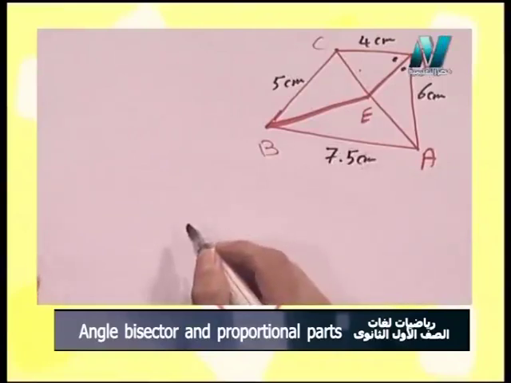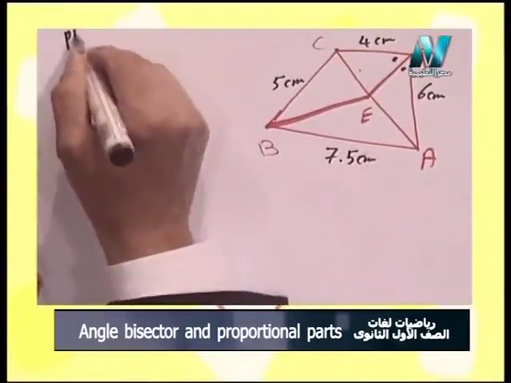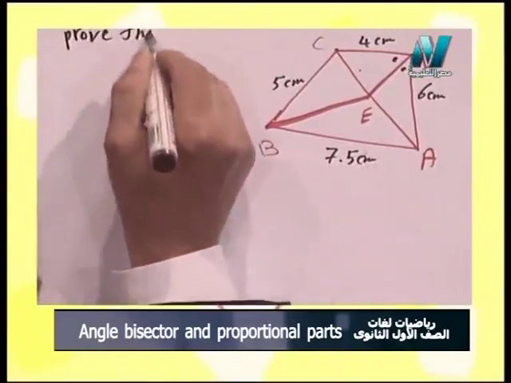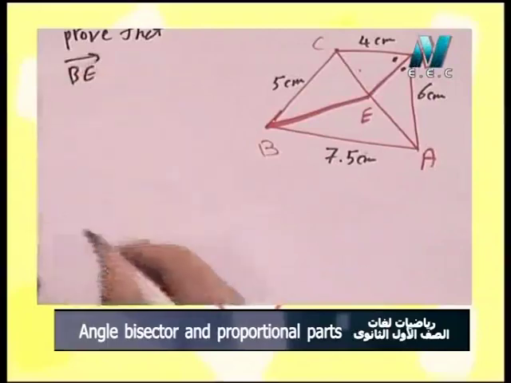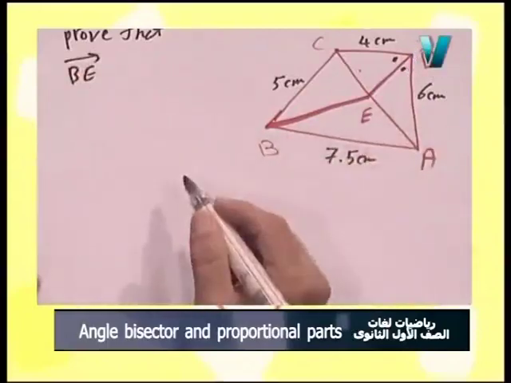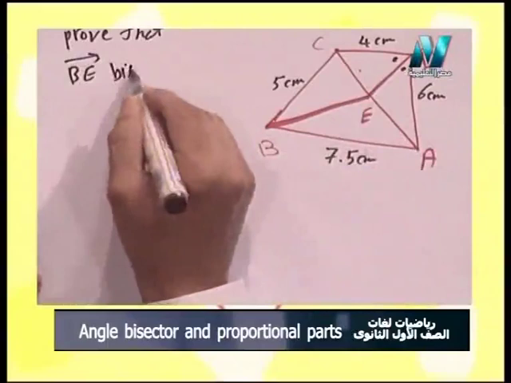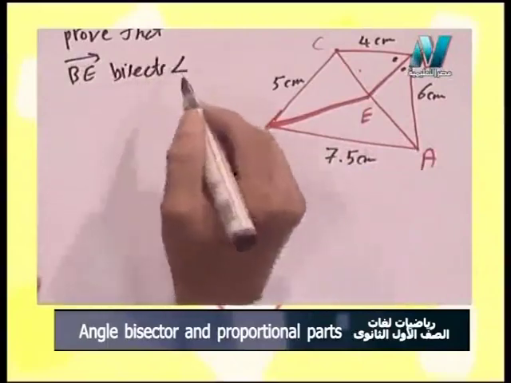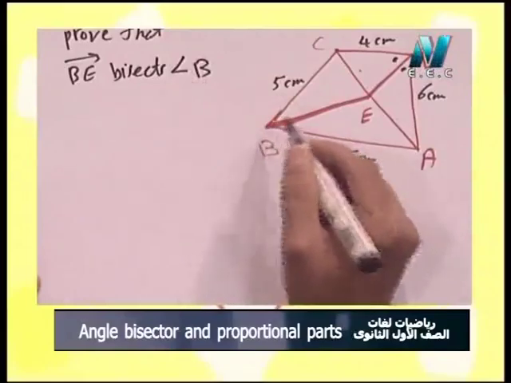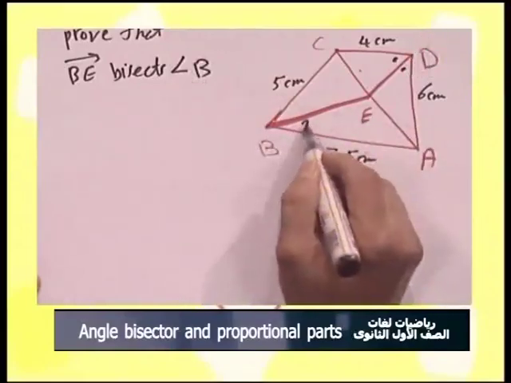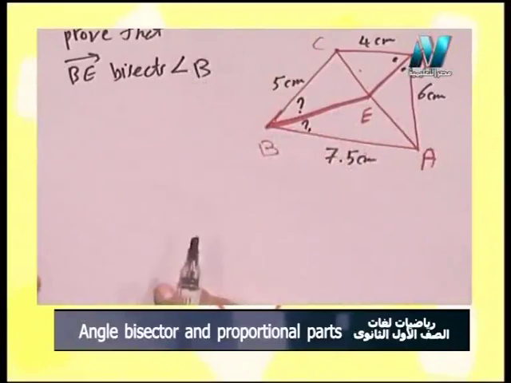The required proof is that the ray BE here bisects the angle B. The request is to prove that BE bisects this angle.